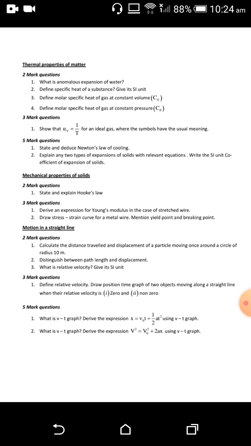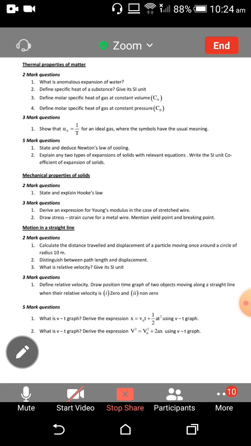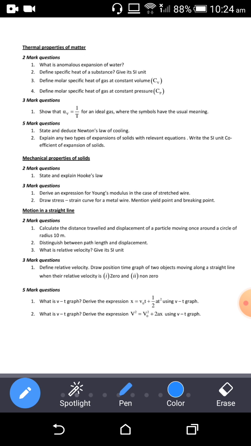Once we finish this class, I'll send the answer for both the questions. One is for this and one is for this one. You can copy down and practice. So the 3 mark question in mechanical properties of solids is to derive an expression for Young's modulus in the case of a stretched wire.